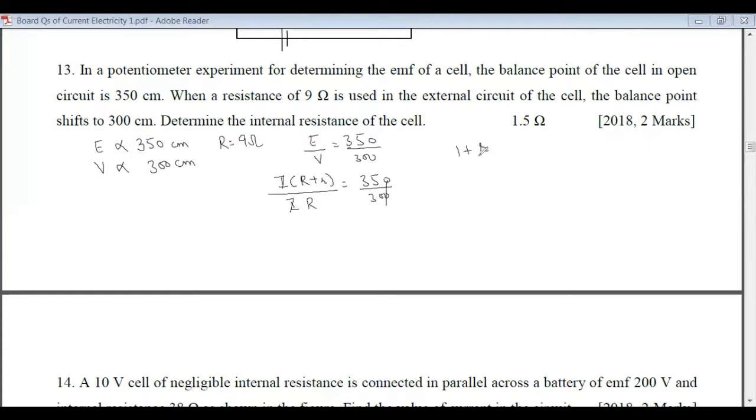So 1 plus r upon capital R is equal to 35 upon 30. That is r upon capital R is equal to 35 upon 30 minus 1, where this capital R is given as 9 ohms. So r is equal to 35 by 30 minus 1 into 9 ohms. On simplifying it, you get the internal resistance to be 1.5 ohms.